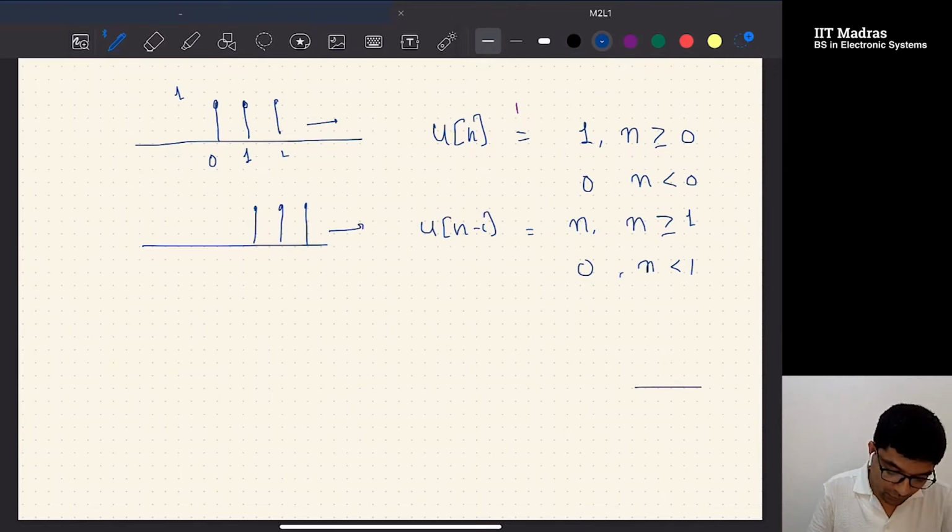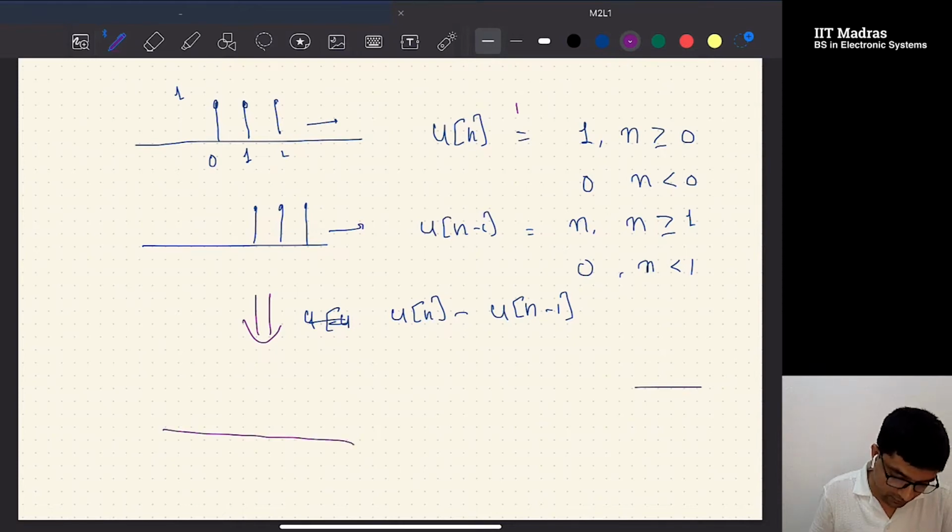Now if I do u of n minus u of n minus 1, I get a signal which now looks like this. I just say this minus this, so I just have something at 0 and everything else goes to 0. There's nothing on this side and nothing on this side.